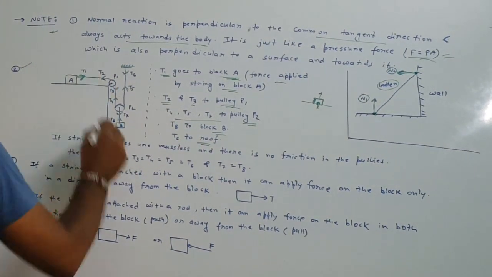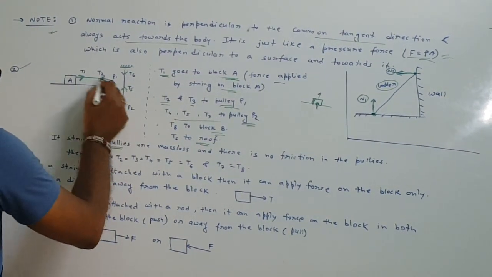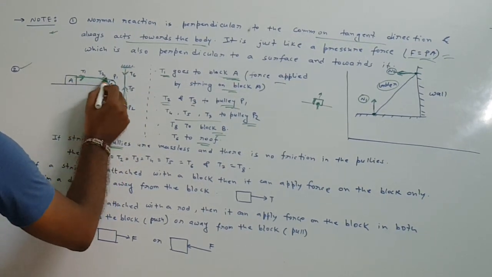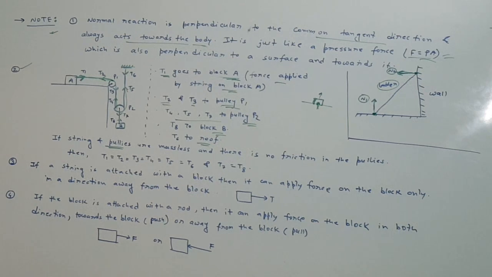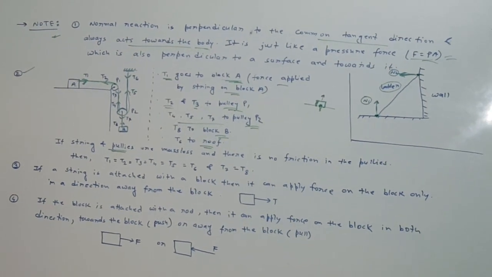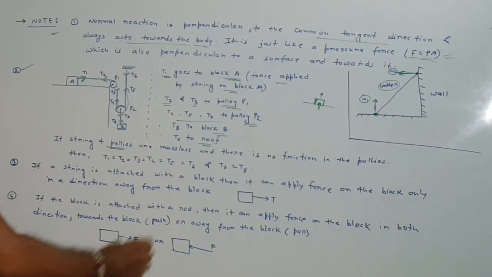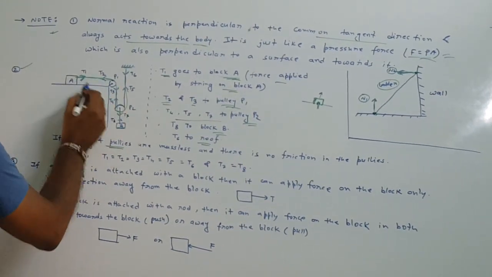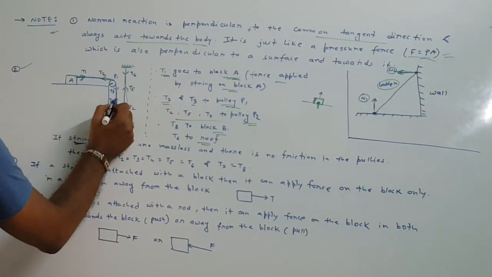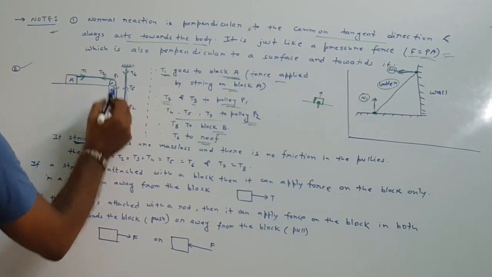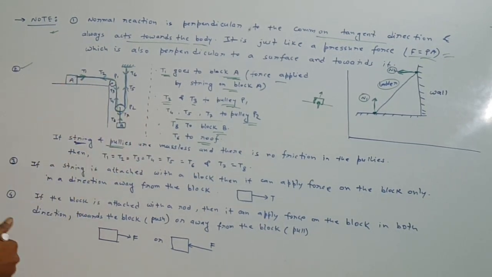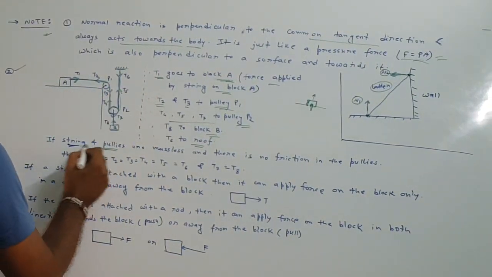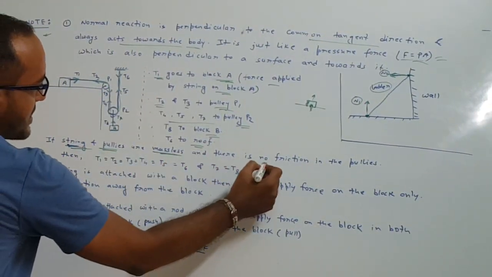In this scenario, if string and pulleys are massless, this is one string, and this is another string. This string is massless and there is no friction.